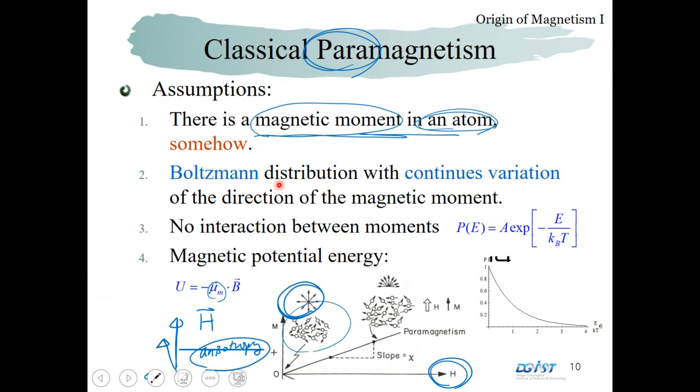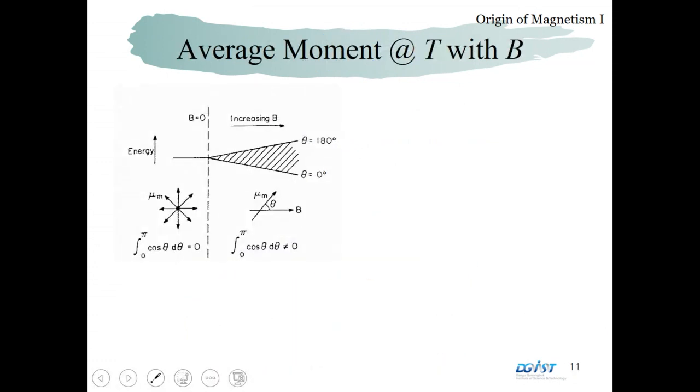And they want to try to align the magnetism to the field direction also. If we have zero field, the moments are random, so they all have equal distribution.